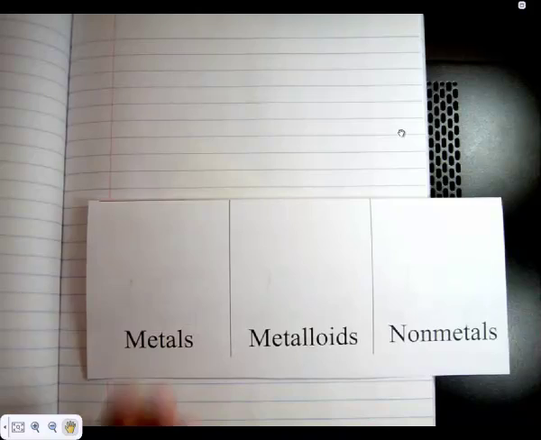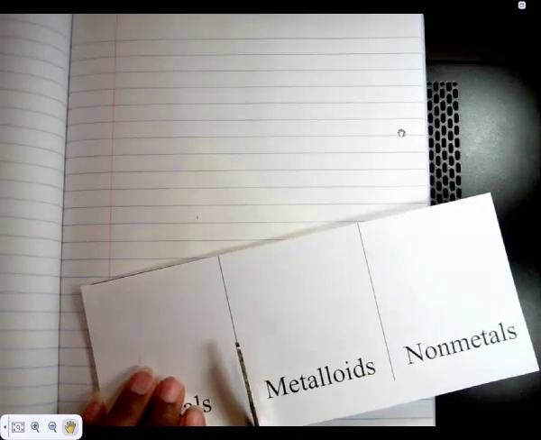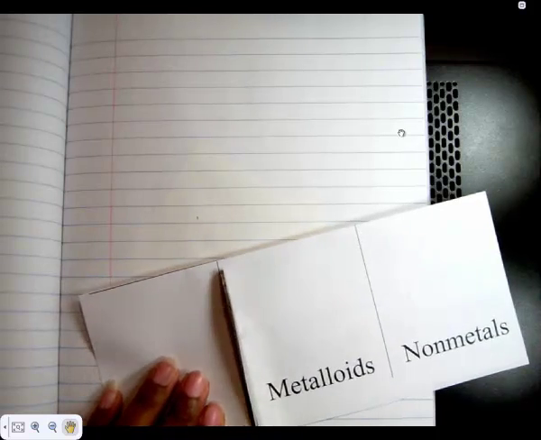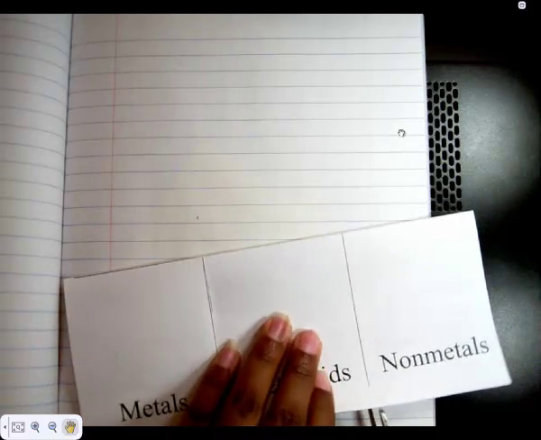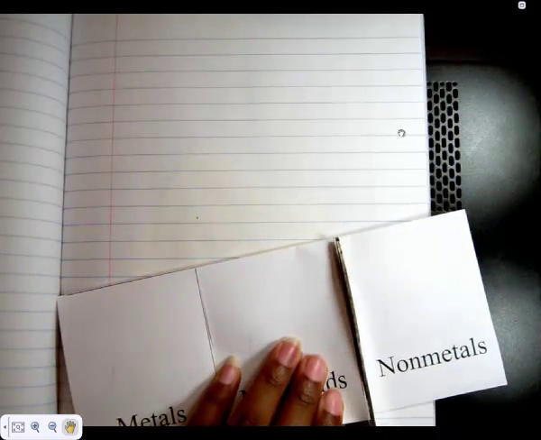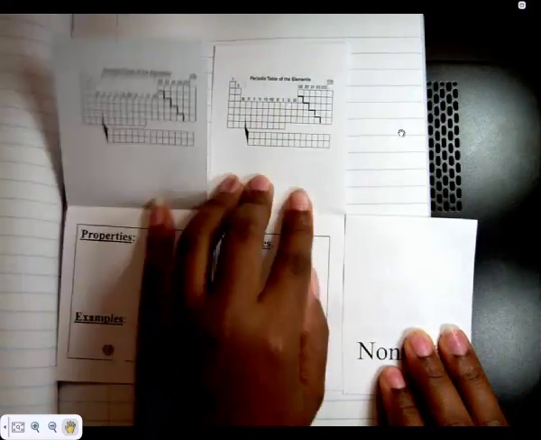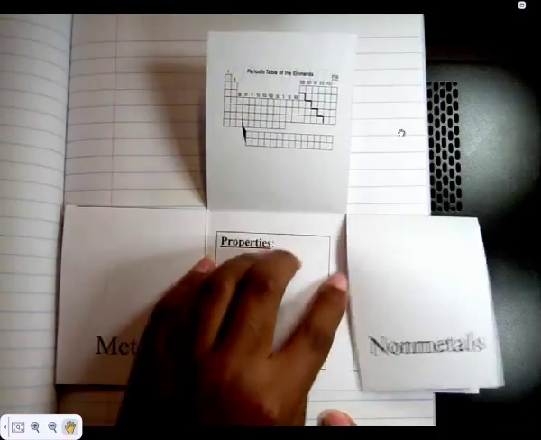Once you do that, you need to take a pair of scissors and cut along the lines. Once you cut along the lines, you should have 3 different flaps that you will be able to open up.